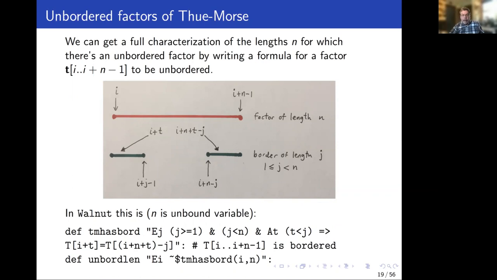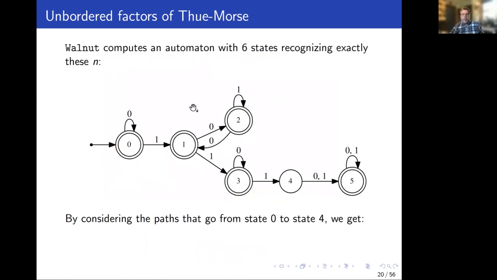And then to get the lengths, you just say, does there exist a starting position i so that there is an unbordered factor, that's why there's a not here, starting at position i of length n. So unbord length has n as an unbound variable. What is it going to produce? It's going to produce an automaton that recognizes exactly the base 2 representations of those n for which there's an unbordered factor.